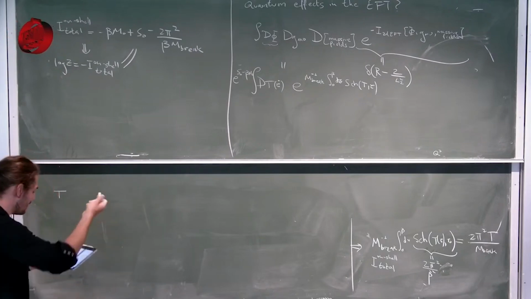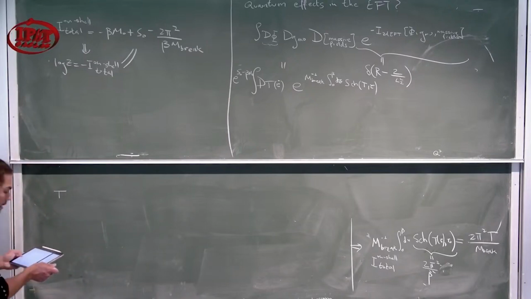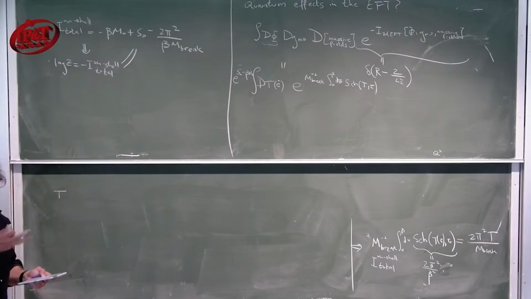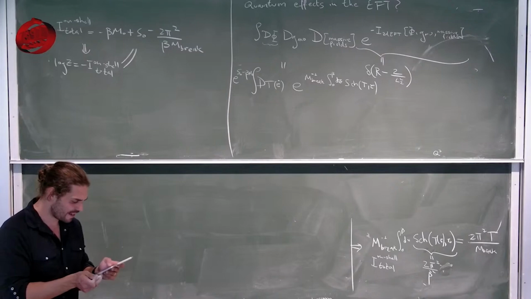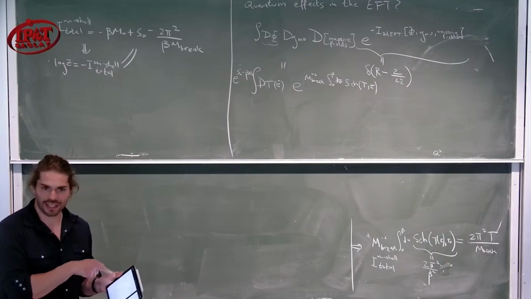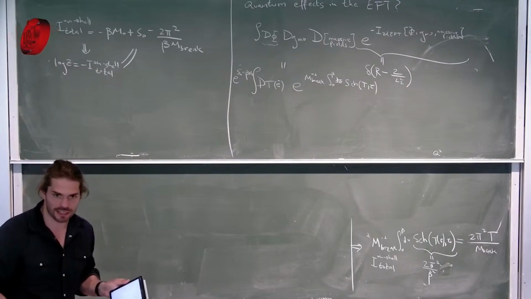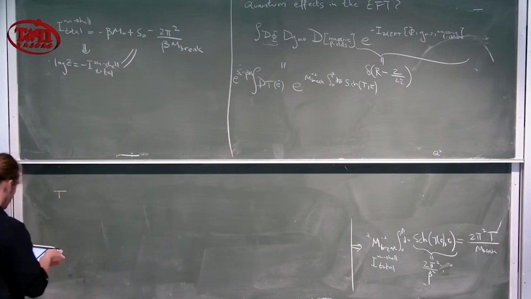And this is precisely what comes out. It's the sign that comes out of the calculation, but that is also the sign that does not lead to an instability. Let me make sure that I didn't make a typo earlier. No, at least in my notes, I had that the Schwarzian was with a minus sign in the action. I don't know if I wrote it wrong on the board, but okay.